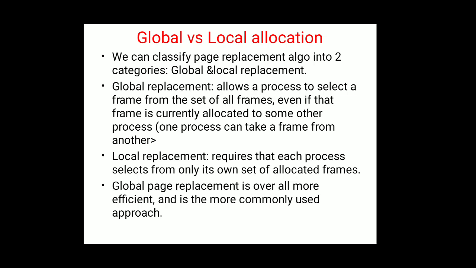Coming to local replacement, here replacement occurs with respect to the frames allocated to a particular process. But the problem with the global replacement algorithm is that the process cannot control its own page fault rate, since allocated frames can be replaced by other processes.